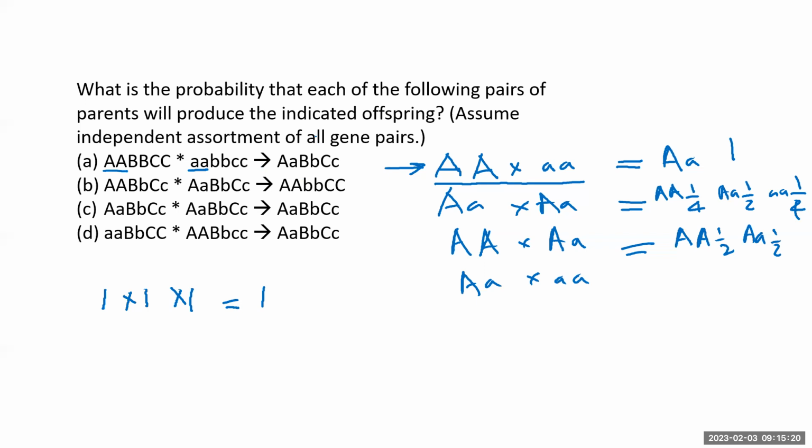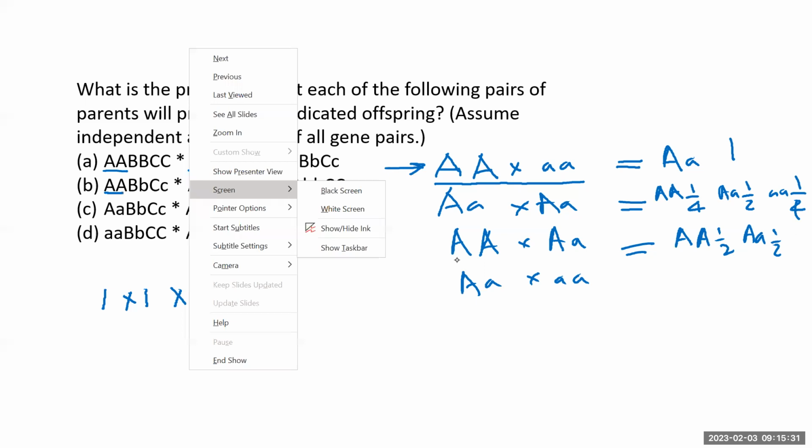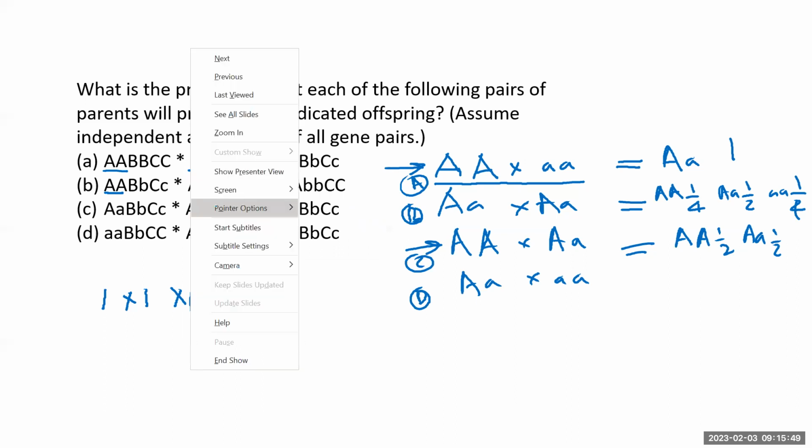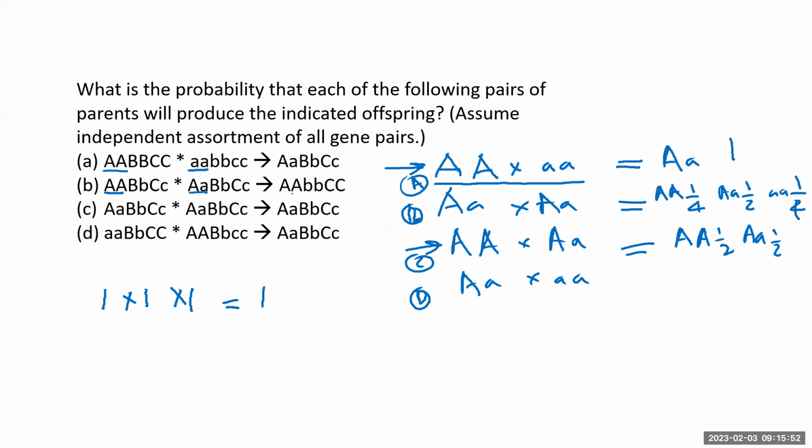And then we take the next one. This is a homozygous dominant, and this one is heterozygous. So similar to this, right? Conditions A, B, C, and D are similar to C. So in that case, getting capital A, capital A, this should be half, right?